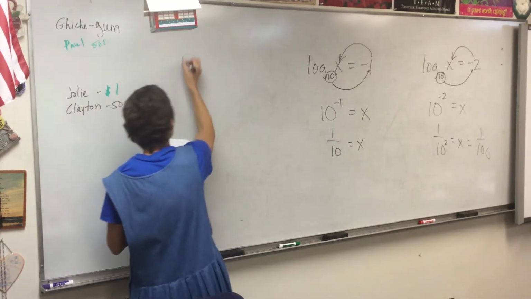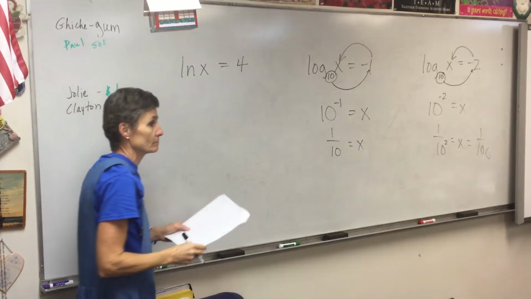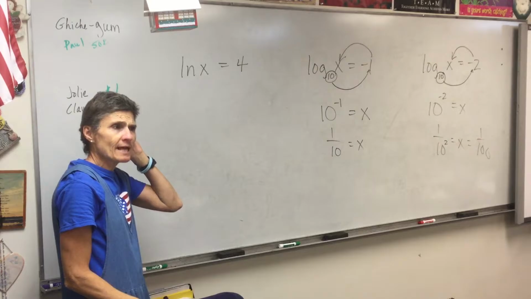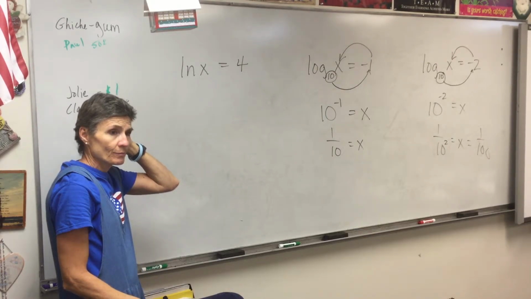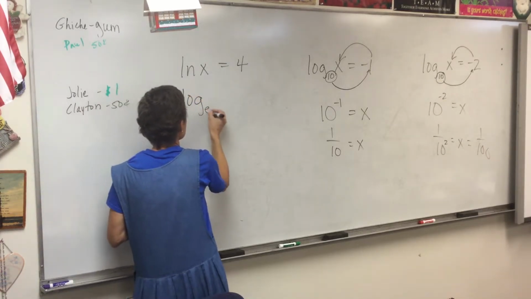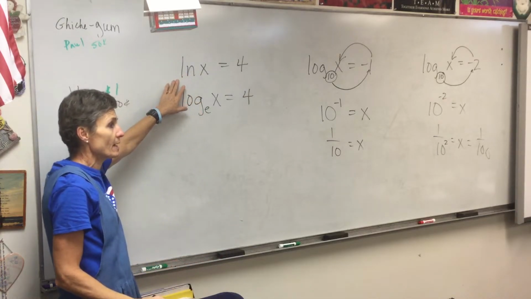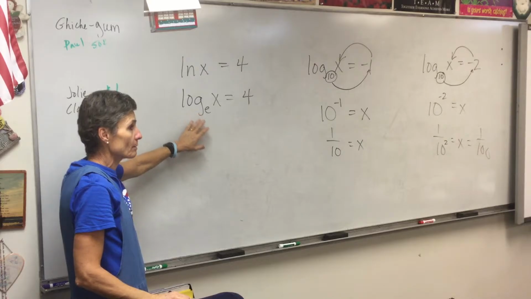Now I'm getting wild and wacky again. ln. What's that a symbol for? Who remembers? It's log base e. This means log base e. Every time you see an ln, you think of it as log base e.